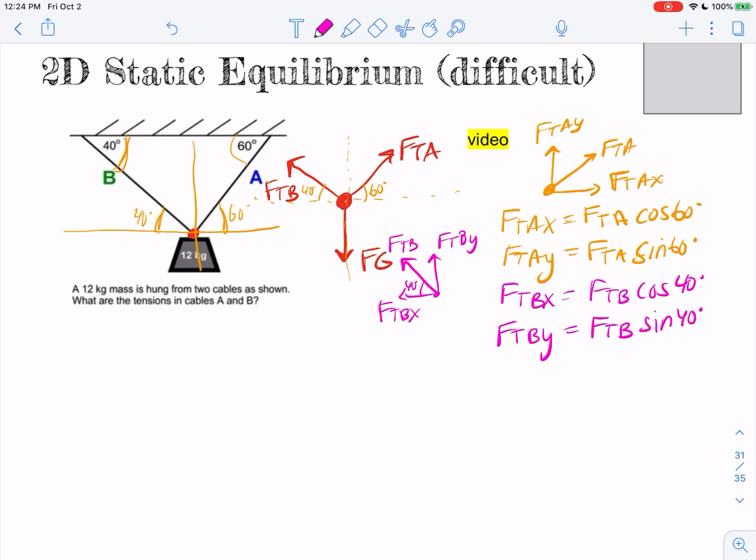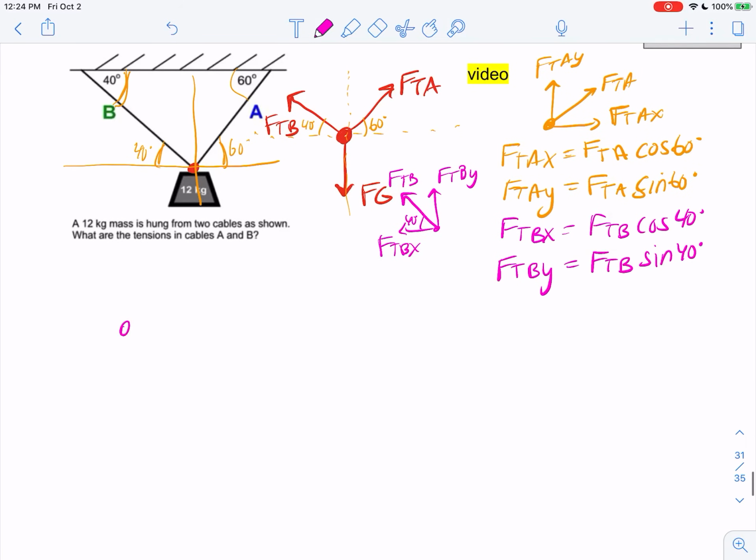Now we're going to start with the hardcore math here. I'm going to have up, oops, I have to remember to draw that bigger. My FTAY, FTBY, FTAX, FTBX, and then FG. Notice again, it doesn't even really matter what we're trying to find.